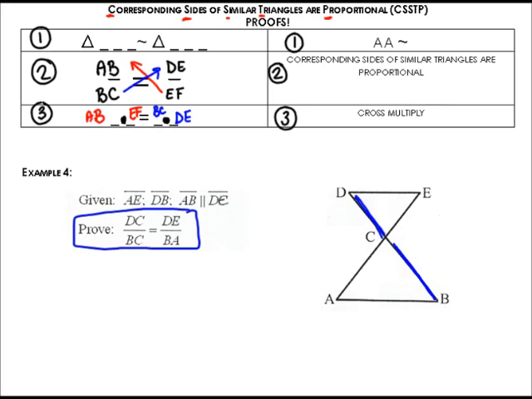So those two sides are in a proportion with DE and BA. So I can see that the triangles I first need to prove are similar are going to be triangle CDE similar to triangle CBA. So again, that will be my first step, and then my second step will be to say that the sides are proportional.